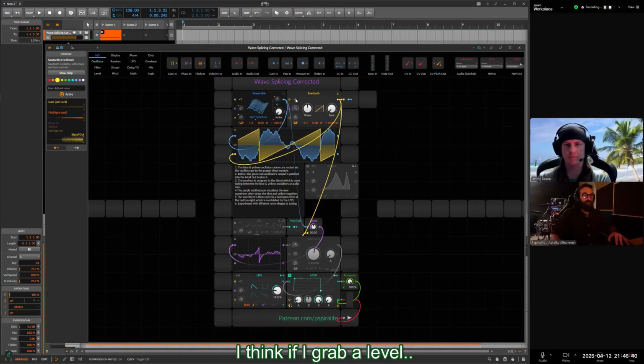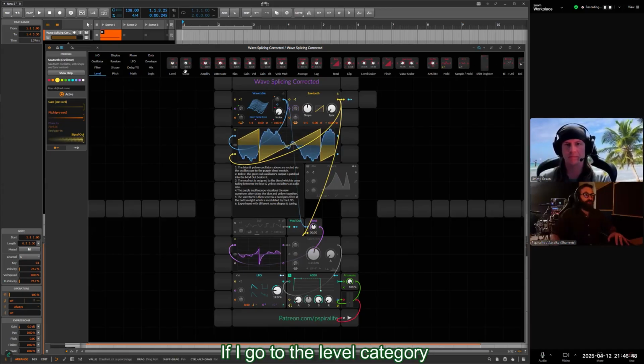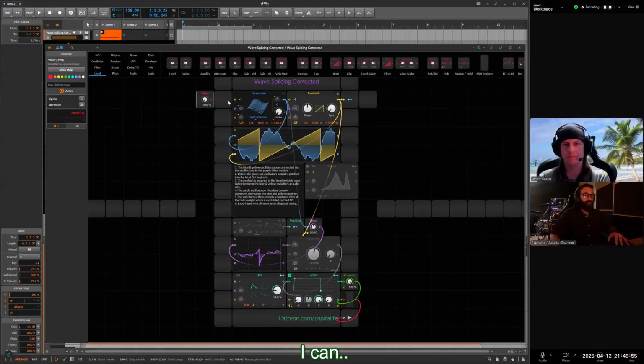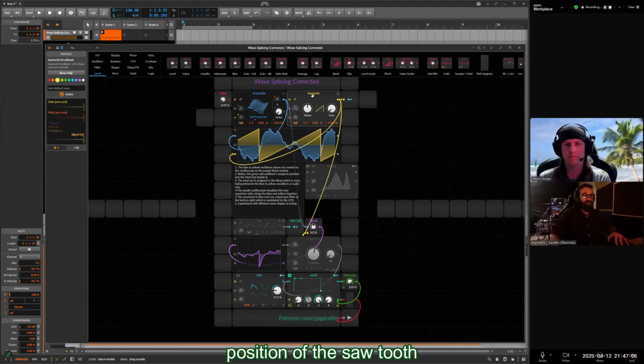So if I go to the level category and grab value, I can use that to control the phase position of the sawtooth.